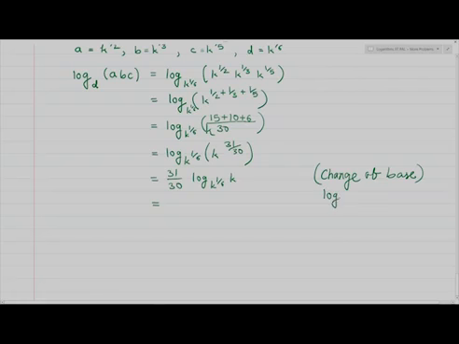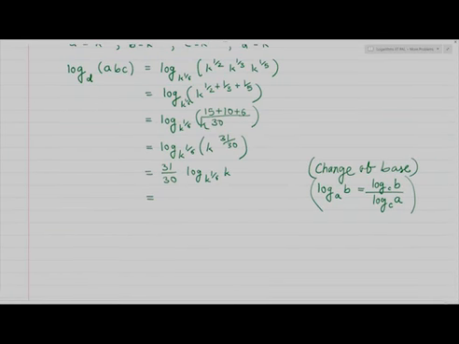If I have two expressions, a and b, say log to the base a of b, then I will put the argument in the numerator and the base in the denominator, and I will take any common base, say c. So I can use this change of base rule to simplify this expression.